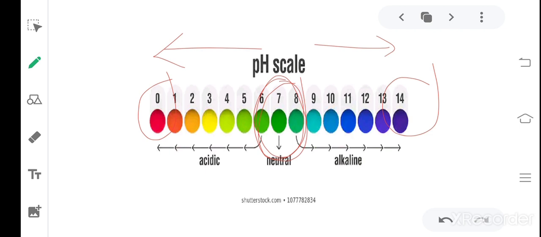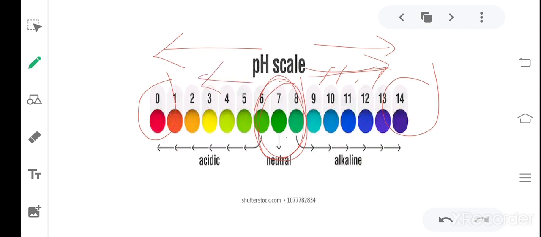After 7 up to 14, the pH is increasing: pH equal to 7, after that 8, 9, 10, like that. If pH is increasing, it means H3O plus ions are decreasing and OH minus ions are increasing. So simply, after pH 7 it is a basic solution. Before 7, it is an acidic solution.